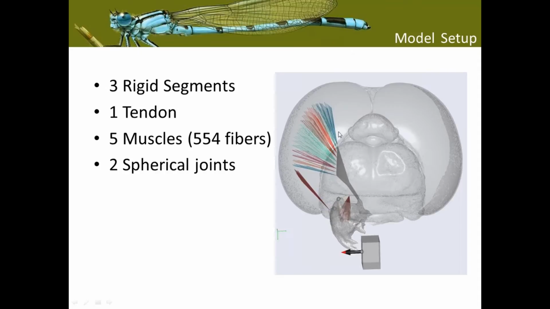You could see this in orange on the 3D video. And then we have 3 little muscles here, and then there is 1 here. We connected the mandible to the head capsule with 2 spherical joints here. You can see here, but I will go into this in more detail in the next slide.